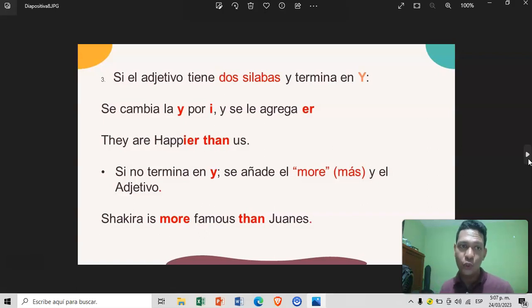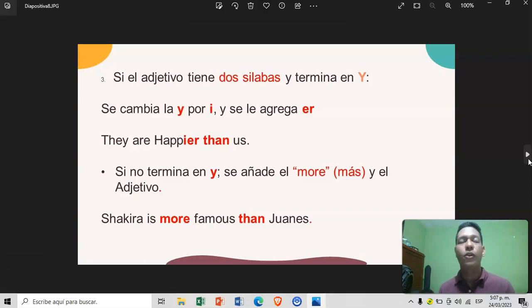For the third rule, the adjective has two syllables and finishes in y. For example, happy. Happy finishes in y. If we are going to make a comparative using this adjective, we change the y to i and put er, like the first rule.